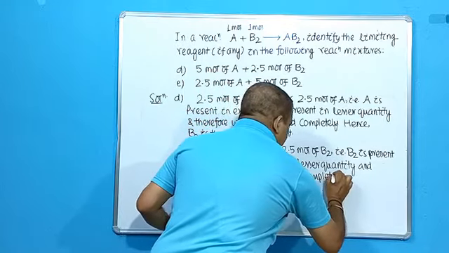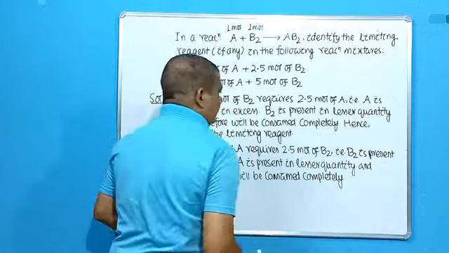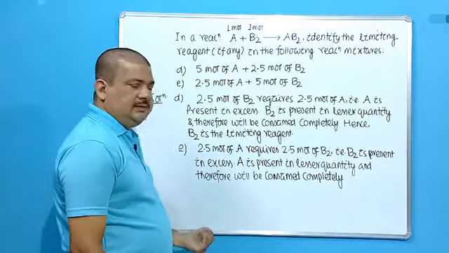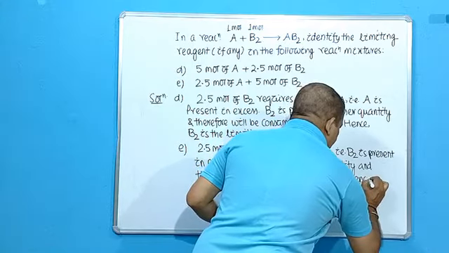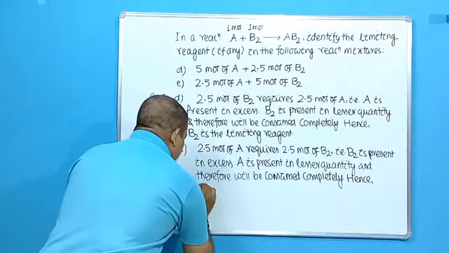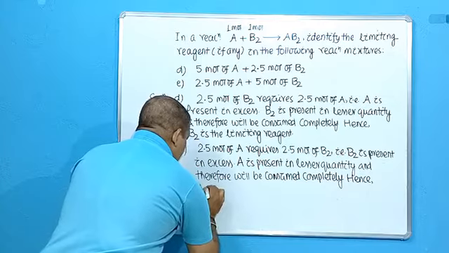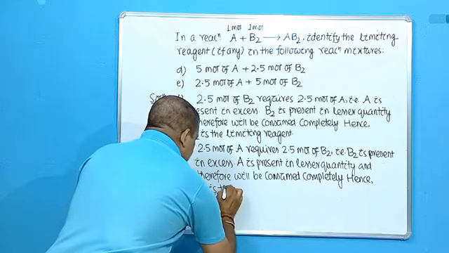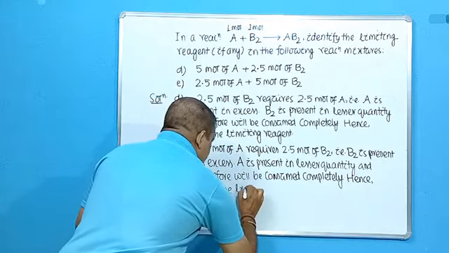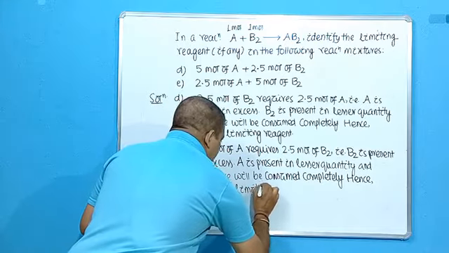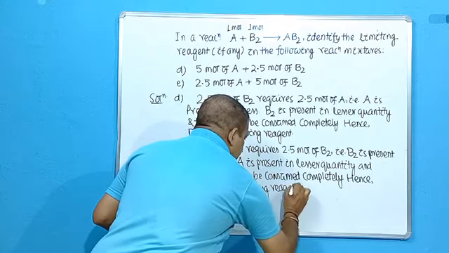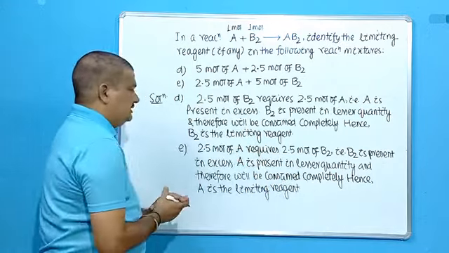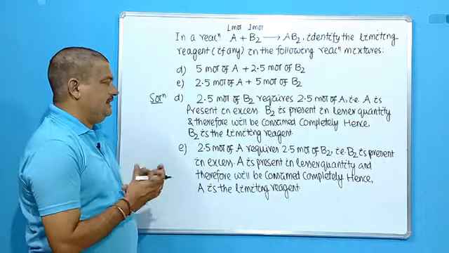Hence it is the limiting reagent. Hence A is the limiting reagent. So this is the answer of question E.